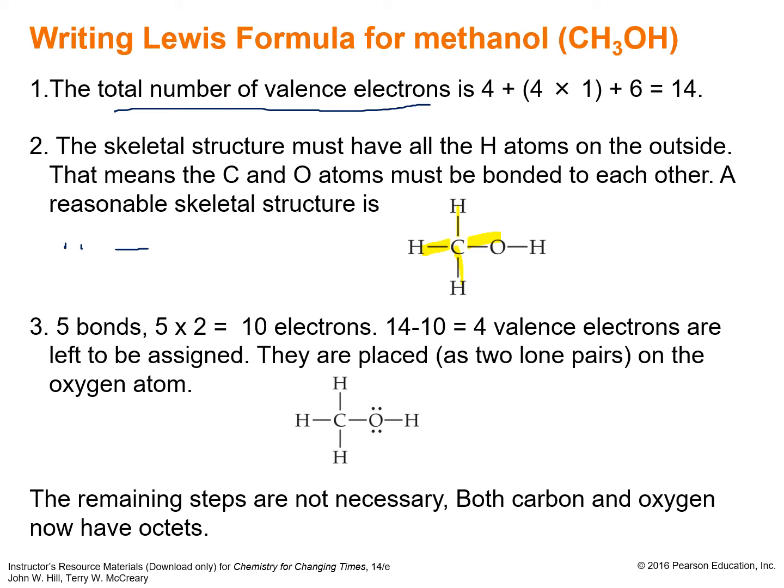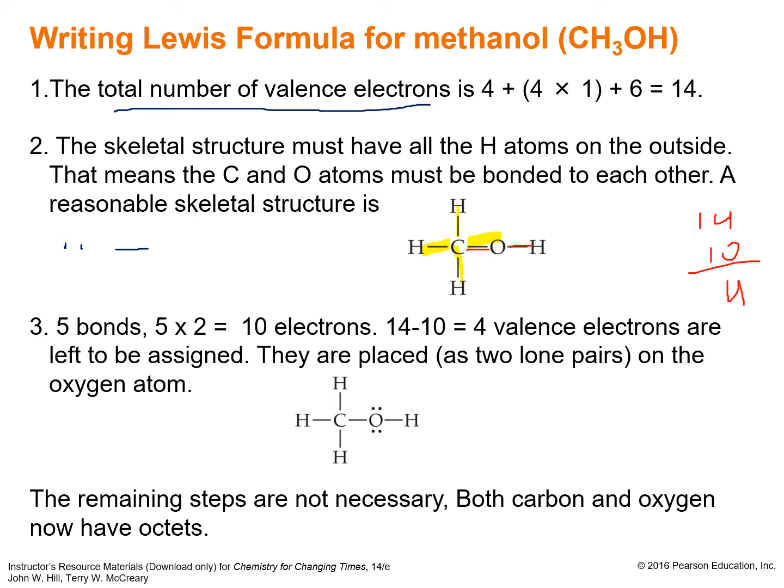The 5th bond is between oxygen and hydrogen, because oxygen forms 2 bonds. So here's one bond of oxygen and the second bond of oxygen, and the other are 4 bonds of carbon. So 5 times 2 is 10 electrons, so we subtract this 10 from 14, and we are left with 4 valence electrons.